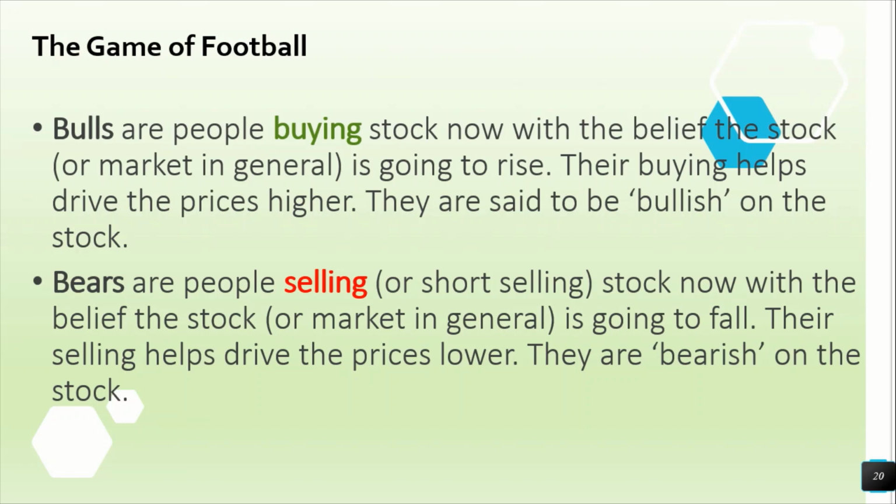Kasi nga, bibili ka eh. You would want prices to be at a lower price para bilhin mo yung stock. But if you are buying, you have an intention of buying it at a higher price. So, therefore, bulls are represented as the buyers while bears are represented as the sellers.